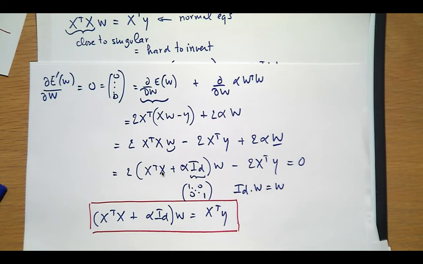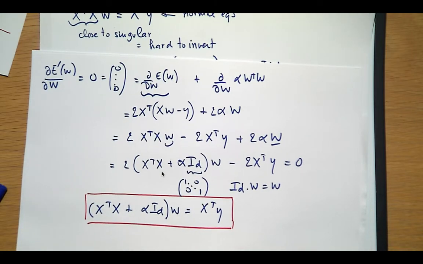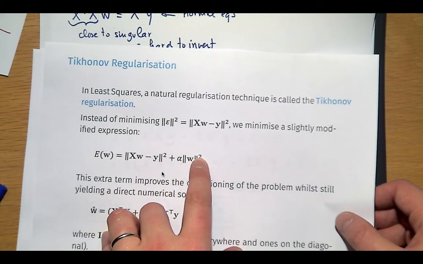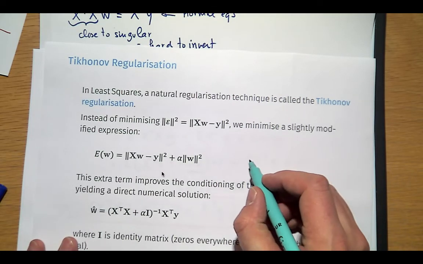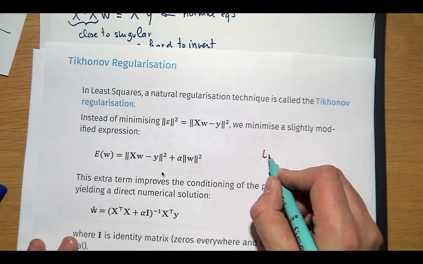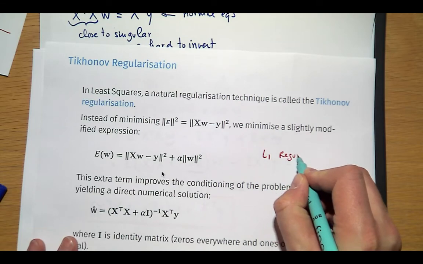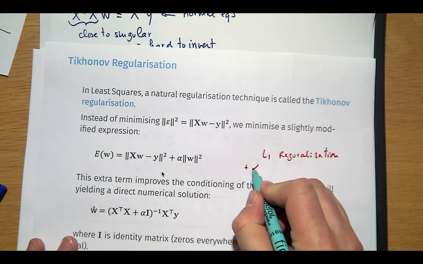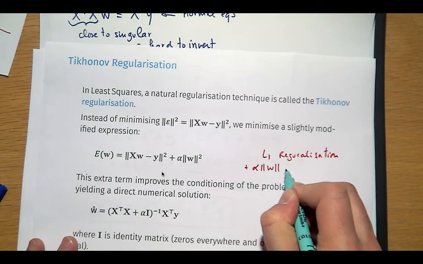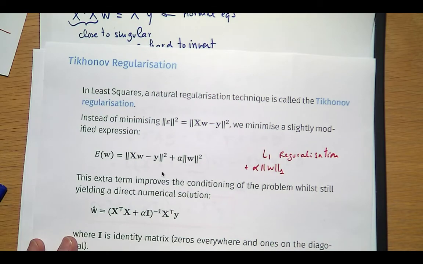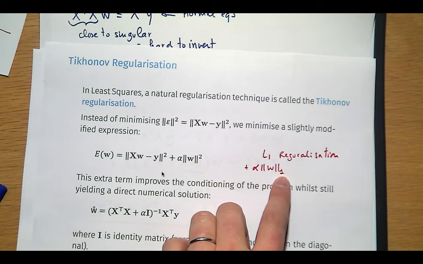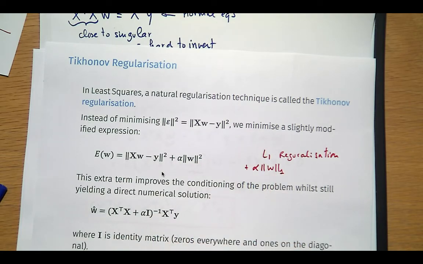So as you can see, regularization is simple enough in that case. And that's because we used just the square here. You have different types of regularization. Sometimes you have what's called the L1 regularization, in which case you're going to add the L1 norm, which is basically the sum of the absolute values of the W's.